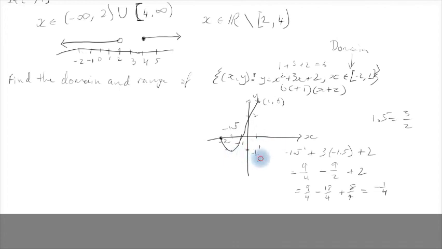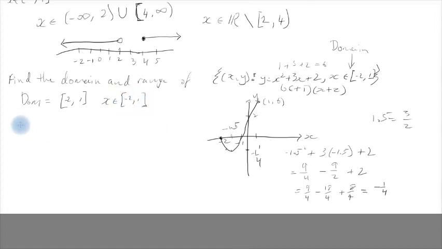So we have now our bounds going from minus a quarter to 6. So we can now fully answer the question. The domain is equal to, and there's two ways to do this, you can say it's equal to minus 2, 1. Or you could say the domain is x is within minus 2, 1.